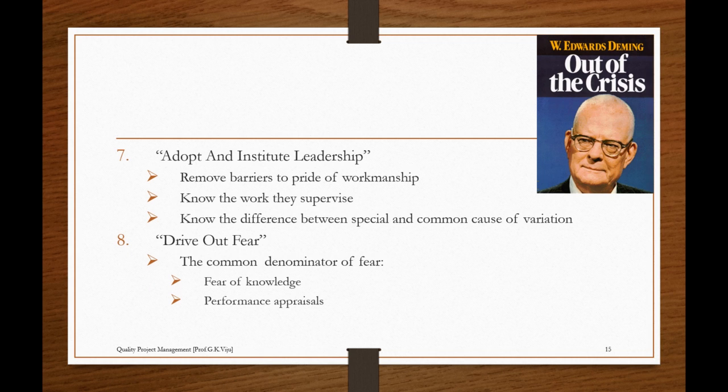Seventh one, adopt and institute leadership. Leadership is another key point of the 14 points of Deming. It expects your managers and supervisors to understand the processes and the workers they supervise. Leadership does not mean that you just supervise. It means lead from the front.